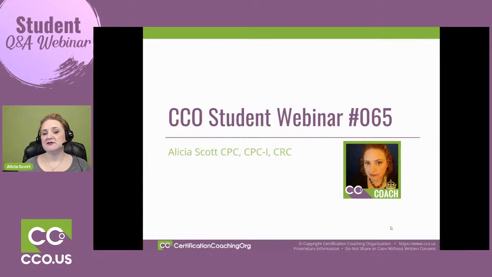We haven't focused too much on secondary cancer specifically. So that's what we're going to talk about tonight: secondary cancer, how to code it, and why it's different than primary cancers, and explain metastasis or metastases a little more in depth.